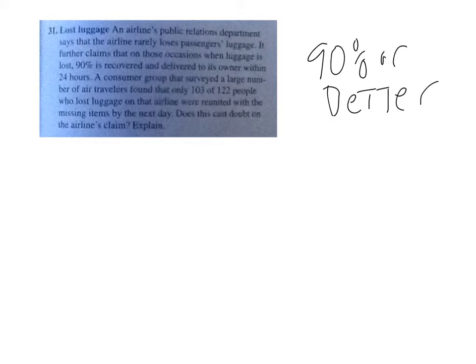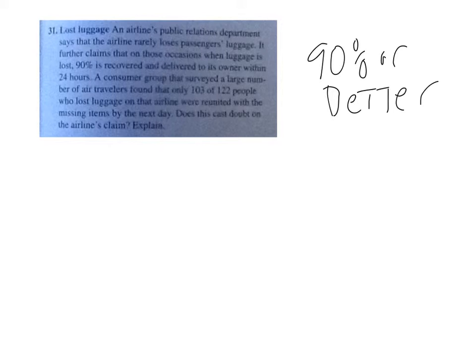Let's approach this now from a hypothesis test point of view. We already know the claim, but maybe we ought to write it down. The airline is claiming that 90% or better of their lost luggage is returned.